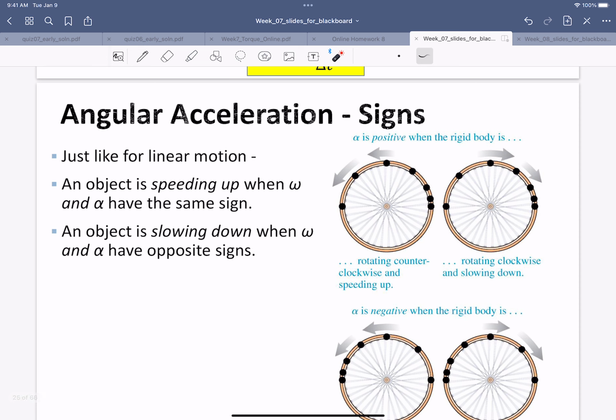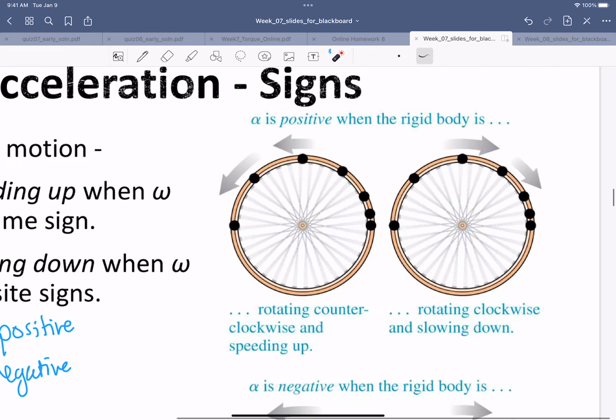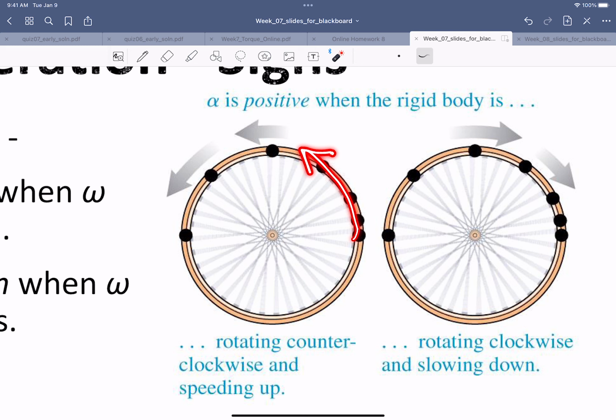So remember, counterclockwise is positive, clockwise is negative. If we're moving in a counterclockwise direction, then our angular velocity is positive. How about this way? If I'm moving clockwise, what's my angular velocity? Negative, right? If I'm moving clockwise, it's negative angular velocity.